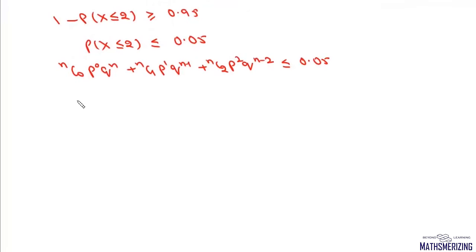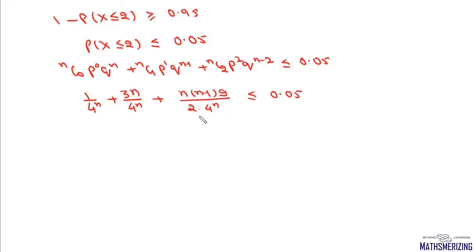Now this is 1 by 4 to the power n. Now this is 3n upon 4 to the power n, and this is n minus 1 into 9 upon 2 into 4 to the power n, and will be less than or equal to 0.05.